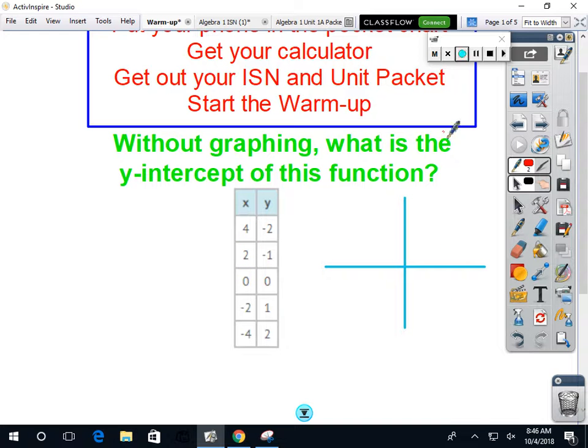Today we are going to continue working in our interactive notebook, so go ahead and get those out.